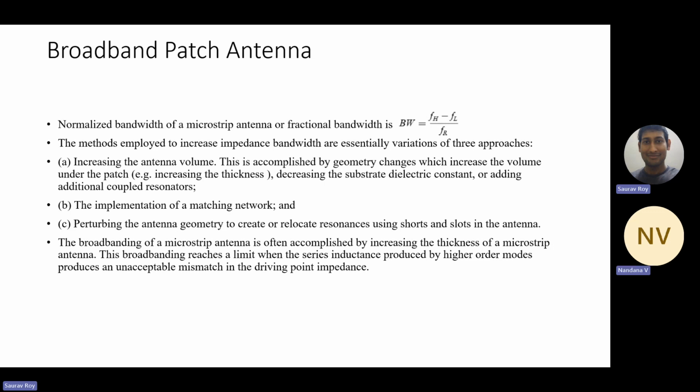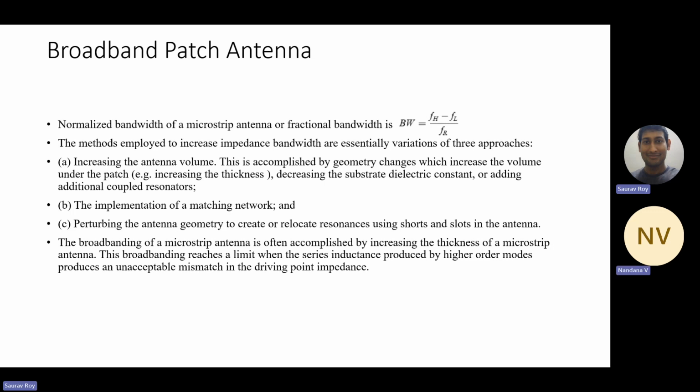That is called stacking of substrates. Also, you can take an air gap in between, which is another way of increasing the antenna volume. If you increase antenna volume, it increases the bandwidth. This is accomplished by geometry changes which increase the volume under the patch by increasing the thickness of the substrate.